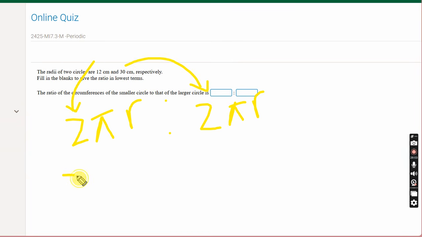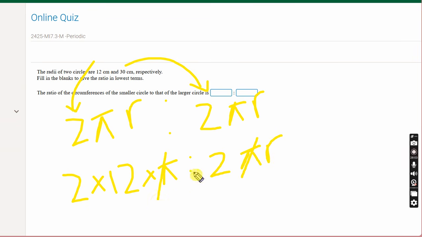Now what can you do? 2 times r, which is 12, times pi. Now look, pi is at the top and it's at the bottom as well. You can cross them out. You can only cross out the pi. Don't cross out any of the other numbers. So 2 pi r, cross out the pi's. The radiuses are different. And you can do 24 over 2 times 30, 60.